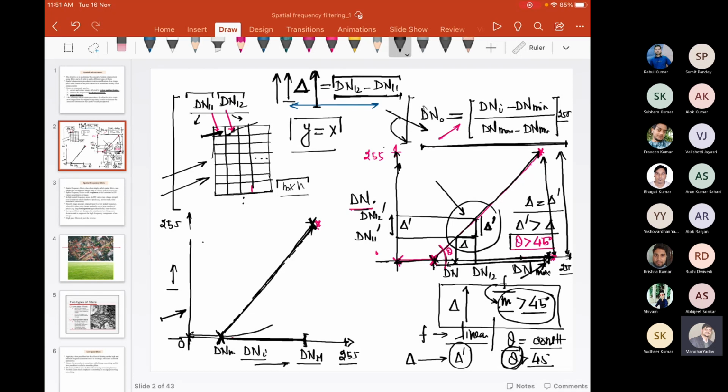Like if we use an exponential function, just see over here. At a certain point, if you draw a tangent, this is the point where theta becomes 45 degrees.